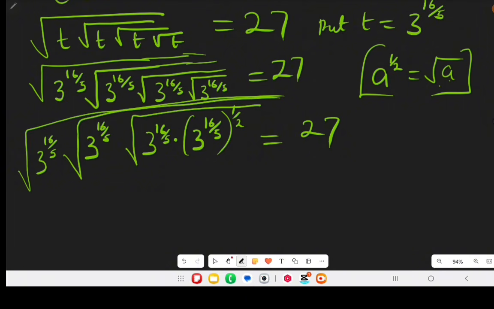In law of indices, we know that power counters power, where we have a raised to the power of m in bracket, raised to the power of n, which will give us a raised to the power of mn.